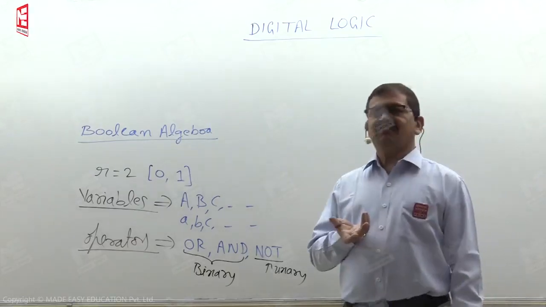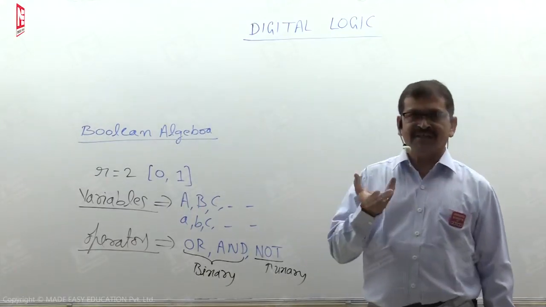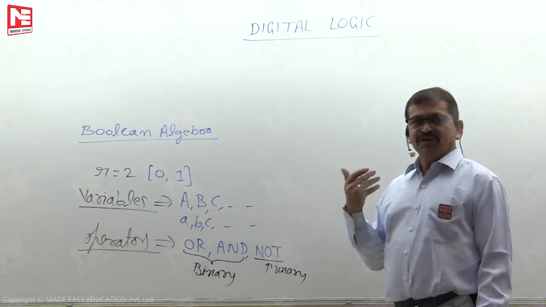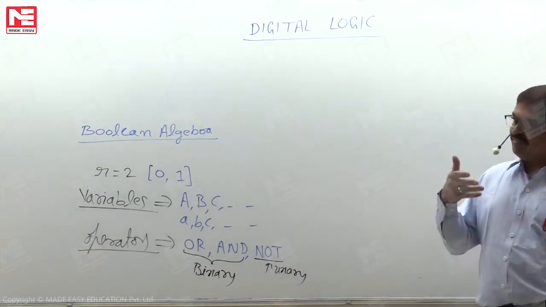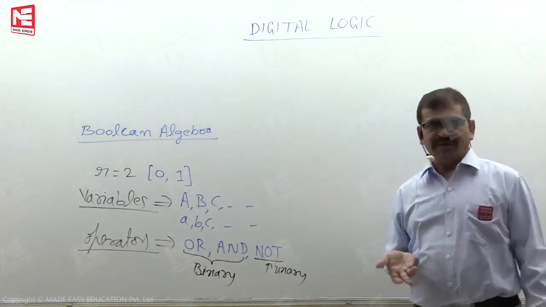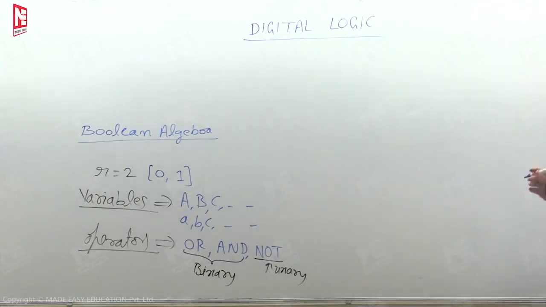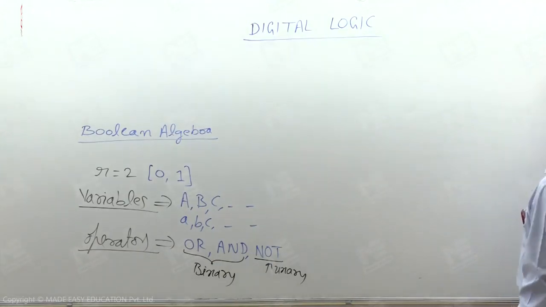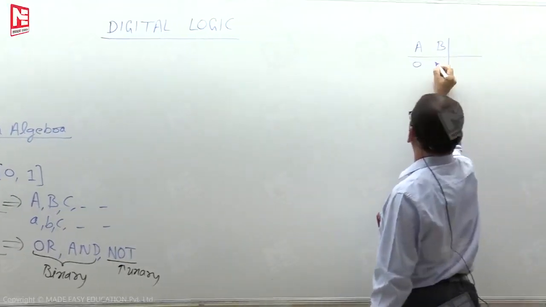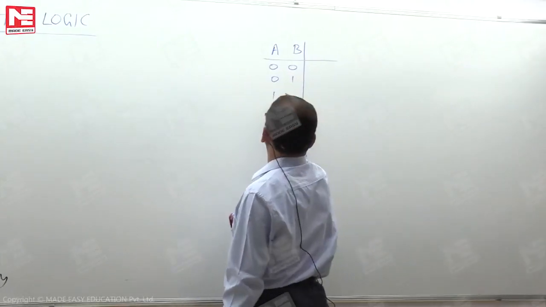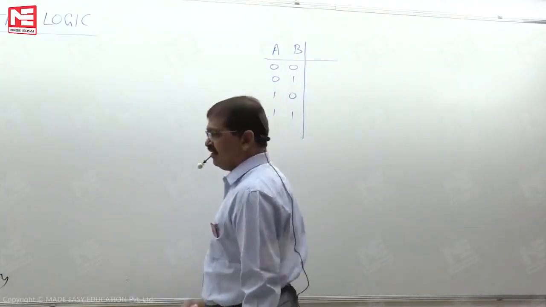While knowing the result of the operator on 2 variables and on 3 variables, it is possible in general to speak of the result of the operation on any number of operands. Suppose we are looking at the result of our operation on 2 variables, say on A and B, the possible values we can list on these variables are 0, 0 or 0, 1 or 1, 0 or 1, 1.